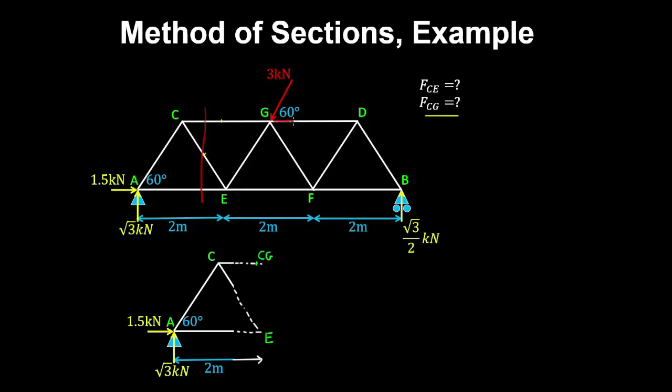And by cutting the truss, we've exposed the forces in these members. So because this force is a horizontal component, I'm going to guess that this member CG is being compressed. And because we've got an upward reaction at node A, the force in this member must be acting downwards to put that vertical reaction in equilibrium.